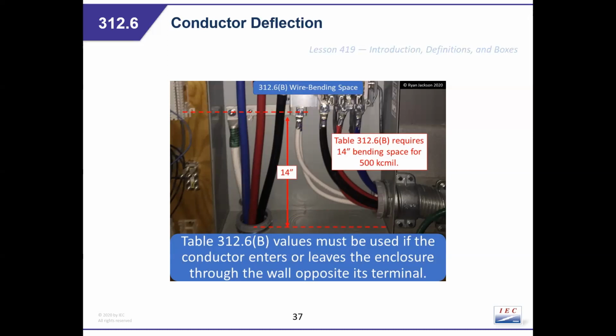So table 312.6b requires 14-inch bending space for 500 kcmil because it's entering through the bottom.